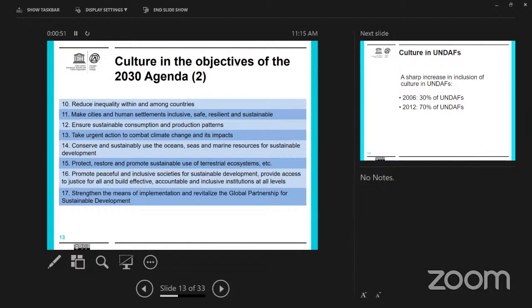For example, with the objective 12, 14, and the ocean. So for example, I'm not judging, just explaining something and putting a practical example. If we have a fisherman, and there might be an ICH element as well of catching turtles, because this is a part of their culture, and at the same time they're securing the food for certain seasons of the year that are permitted to be caught, I believe.